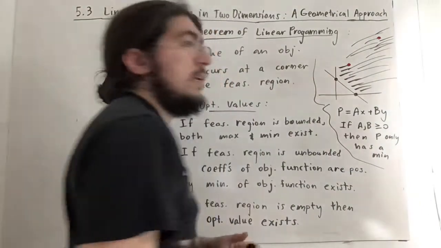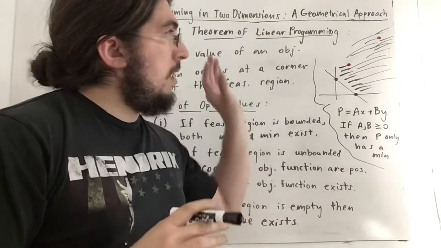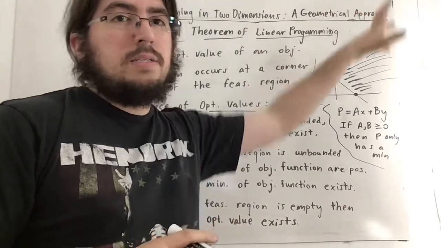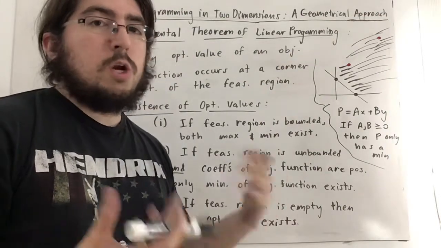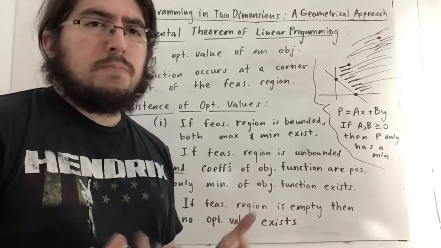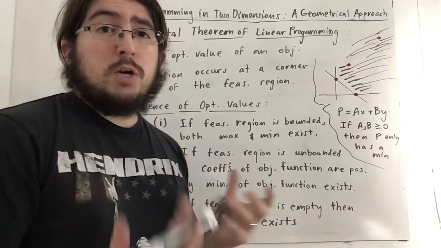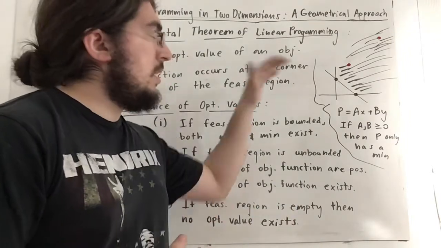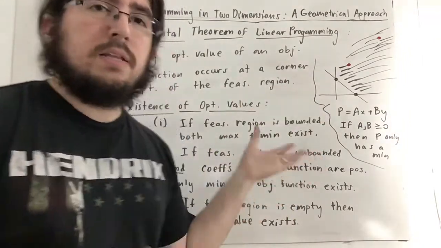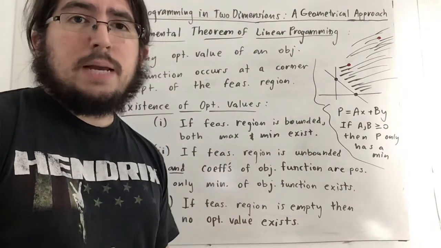You see that? So we can potentially pick any points we want to have a larger and larger value, so no maximum. We'll have to see in more examples, because it depends on whether we're trying to maximize or minimize, but this at least allows us to get a handle on these certain cases. And these are the only cases, so that's good. So we'll see those examples right now.